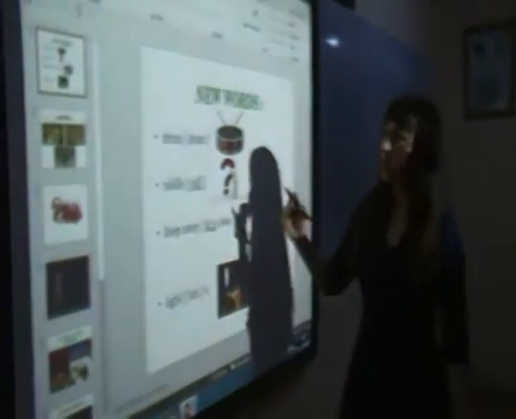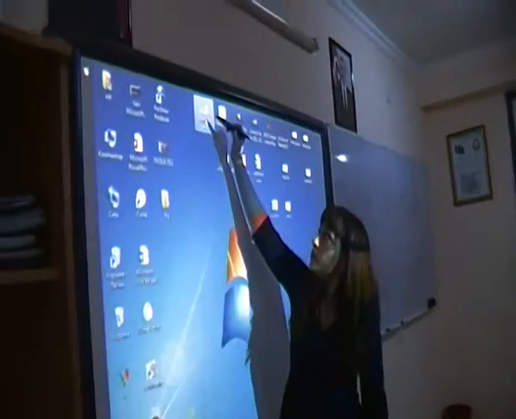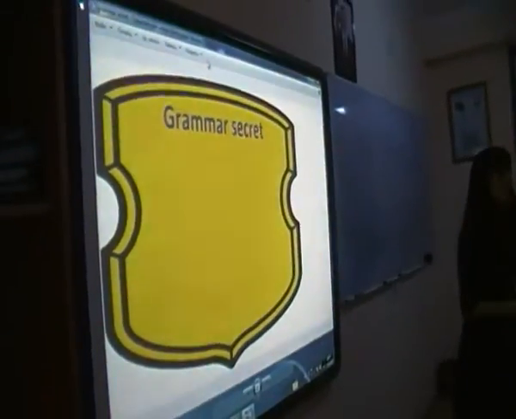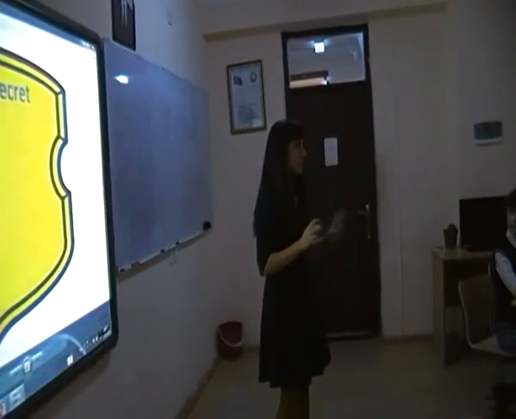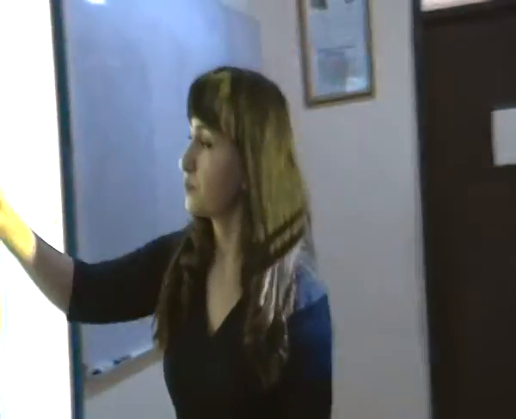Now about our grammar. Grammar secret. By adding suffixes, we get new words. But here, meanings don't change. And I write down the suffixes.